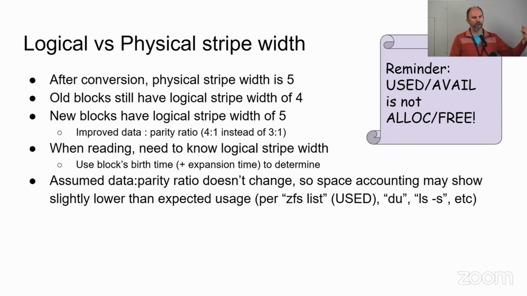But when we change the data to parity ratio, we can't actually change the way that accounting works. So you're going to end up seeing a little bit less. It's going to say you only have 1 terabyte of available space, but actually you can write a little bit more than that because of the improved data to parity ratio.